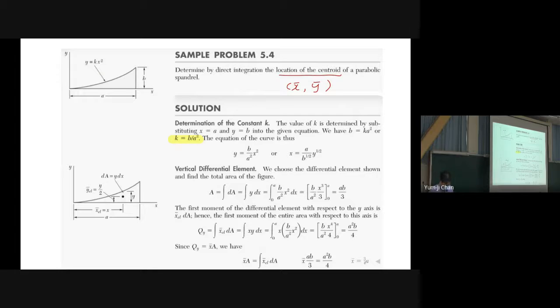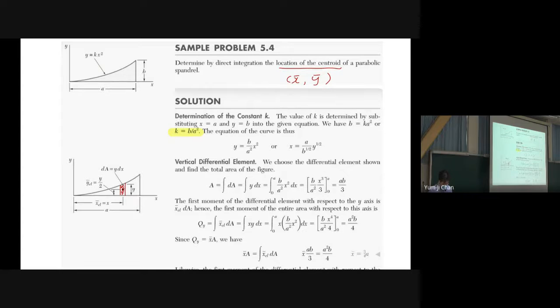Here we take one small element, and so we have x bar times A is equal to the integral of x dA, from 0 to a, which is equal to the integral of x times y dx, from 0 to a.